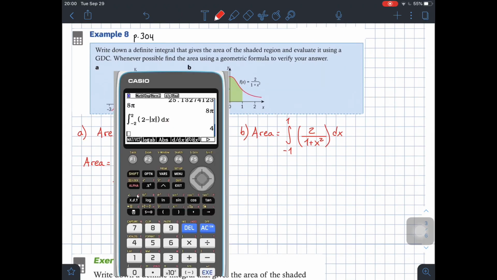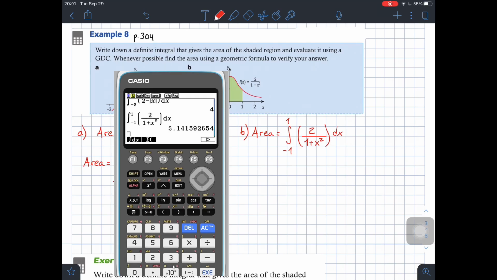So if we go to the calculator again, we're going to find the integral of fraction 2 over 1 plus x squared, we close parentheses, and we integrate this from -1 to 1. Execute, and there you have the exact value. I think this is pi, right? Let's see.